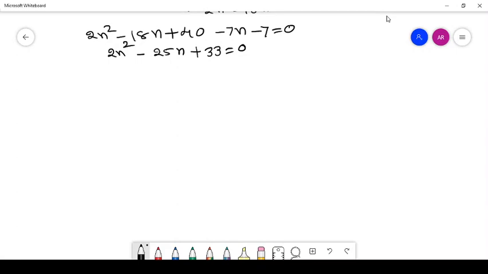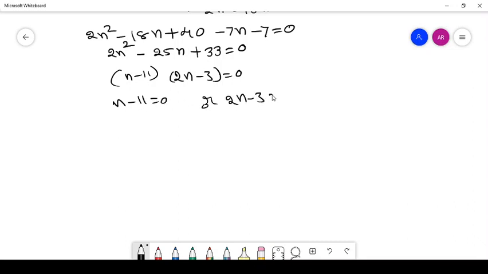By using the factorization method, you know the factorization method, how to simplify the quadratic equation. This value becomes (n-11) into (2n-3) is equal to 0. So n minus 11 is equal to 0 or 2n minus 3 is equal to 0. n minus 11 equal to 0 means n is equal to 11, and here n is equal to 3 by 2.